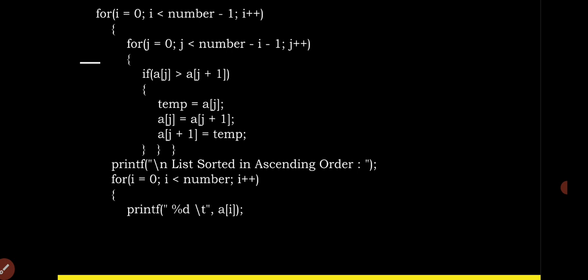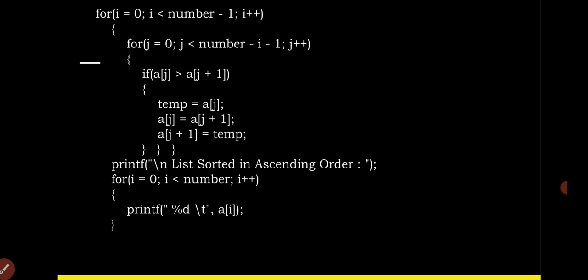So now a contains the sorted, arranged elements, and the \t is the formatting character to leave 5 spaces in between. After typing something, we hit the tab space. That tab space will be left by this \t formatting character, and the for loop is also closed.